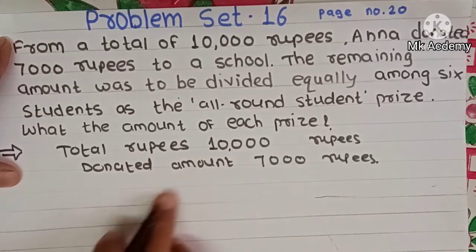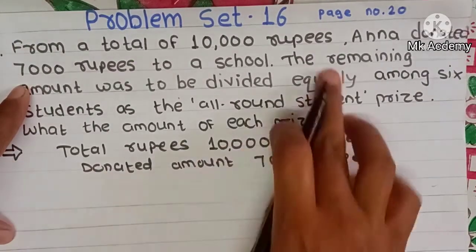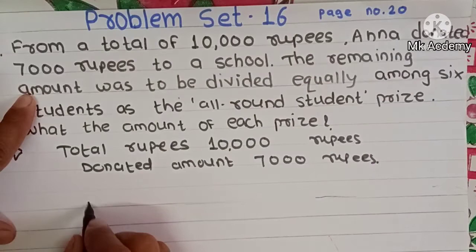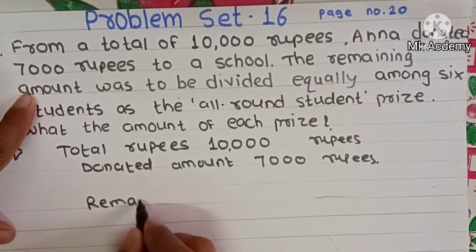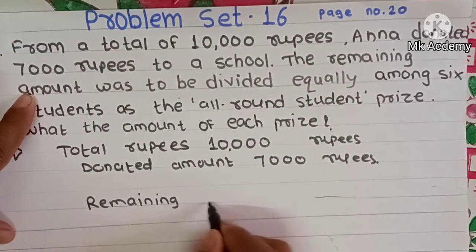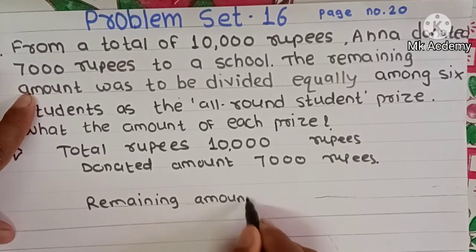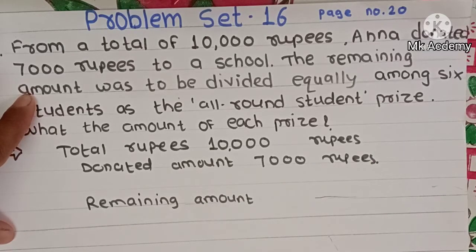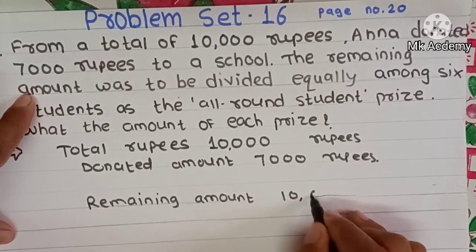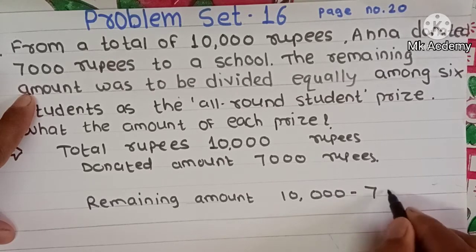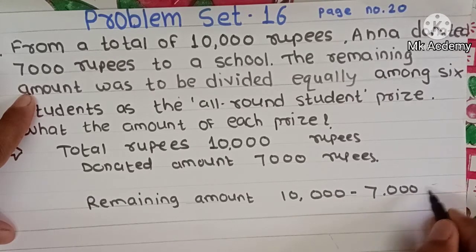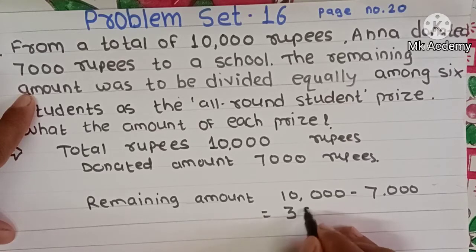Now the remaining amount. To calculate the remaining amount, we have to do subtraction here. Means 10,000 minus 7,000 is equal to 3,000.